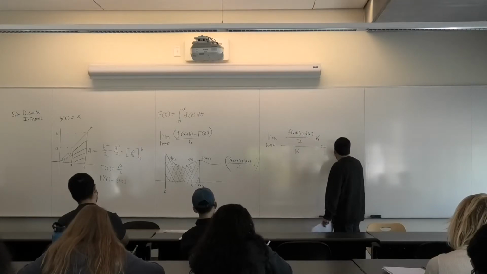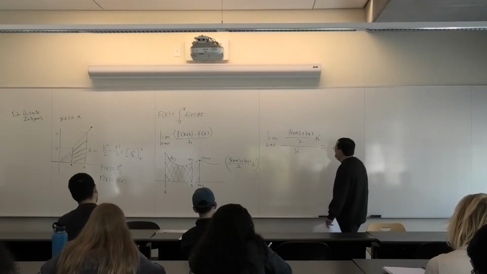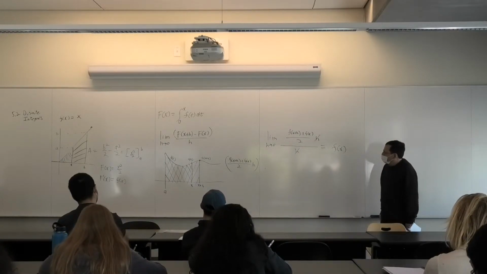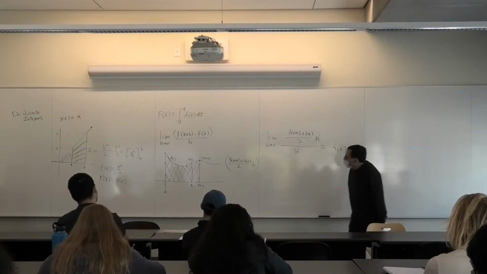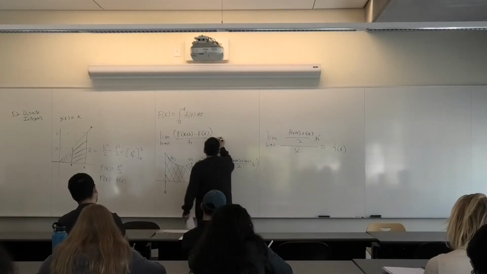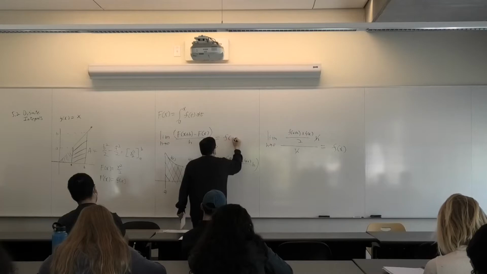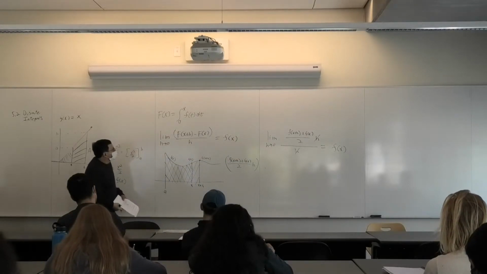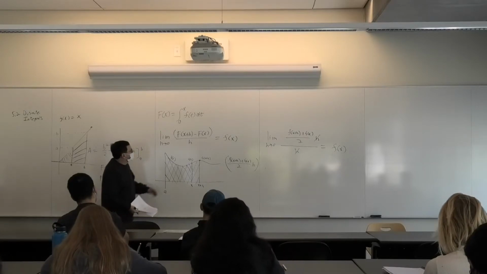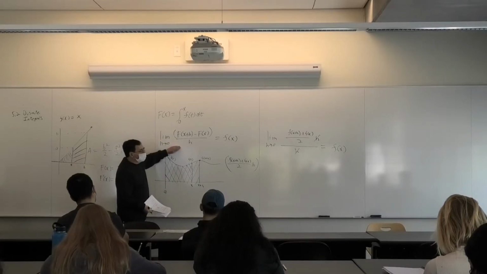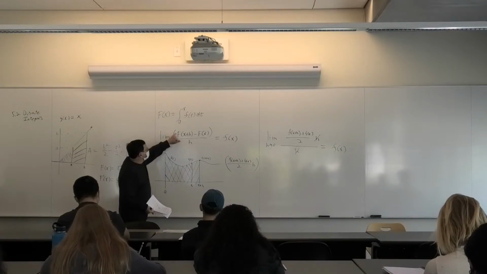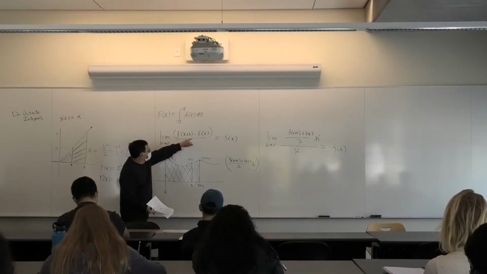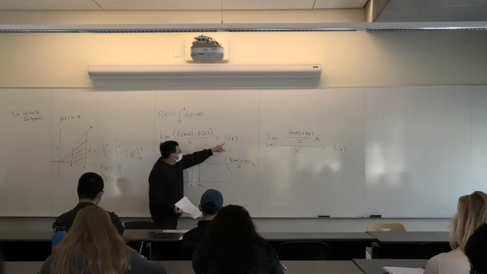So this is just f of x. It's our limit. Well, when we substitute that in here, what does that tell us? That tells us exactly what we want to know. That the derivative of this capital F of x is our function.